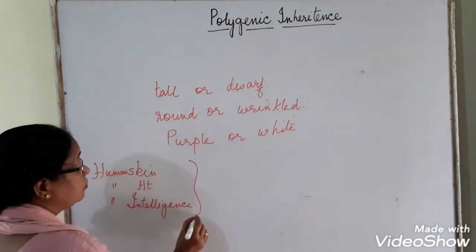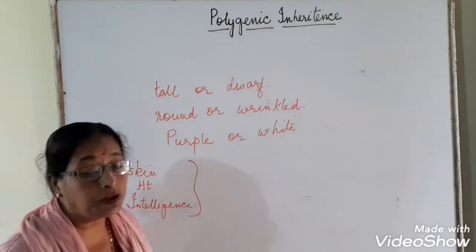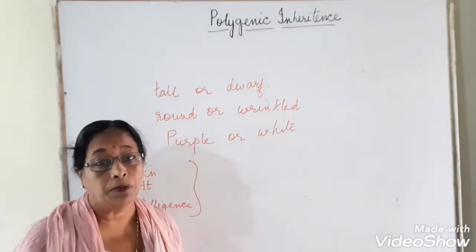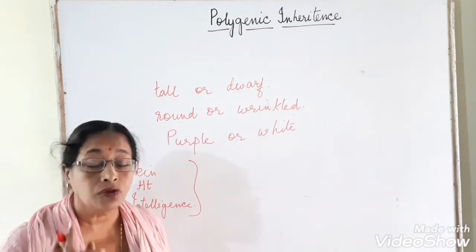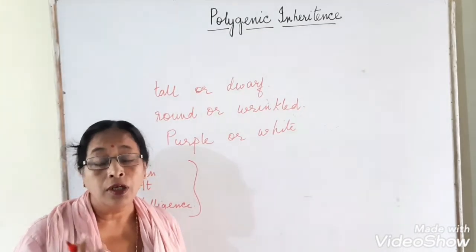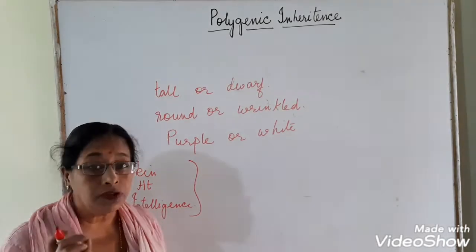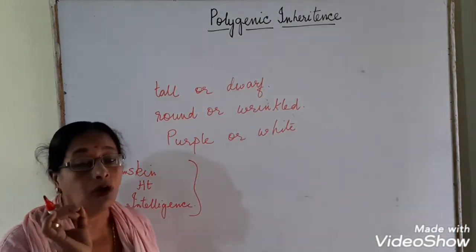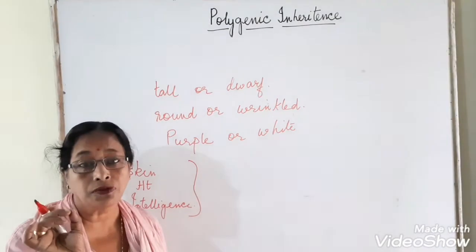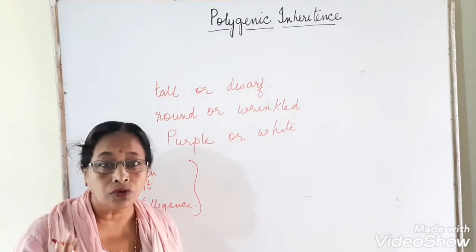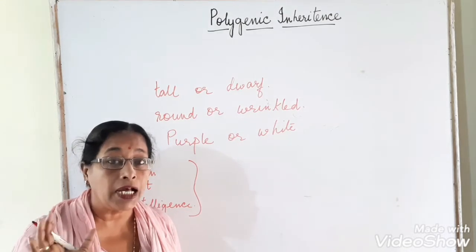These show gradation. This means that a number of genes control these expressions or characters. It is not controlled by one gene, but by a number of genes. These genes are located at different fixed positions on the chromosome, which are known as loci.